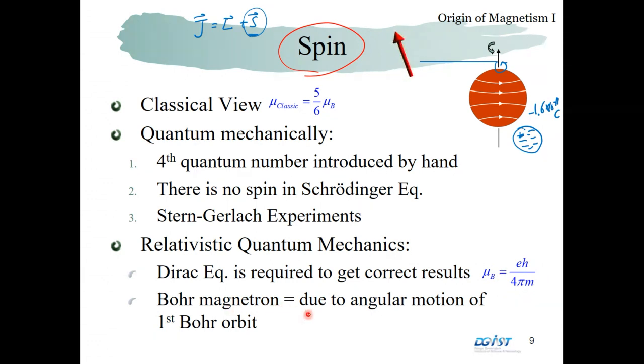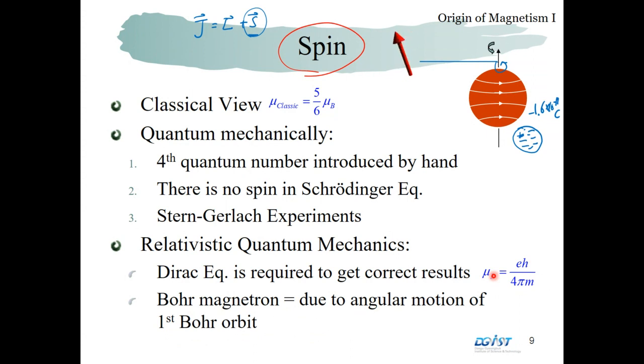Another definition of the Bohr magneton is, if we think about the first Bohr orbit defined in a hydrogen atom, we have such angular momentum, then we obtain this Bohr magneton. So the Bohr magneton is the unit of the magnetic moment of the electron spin.